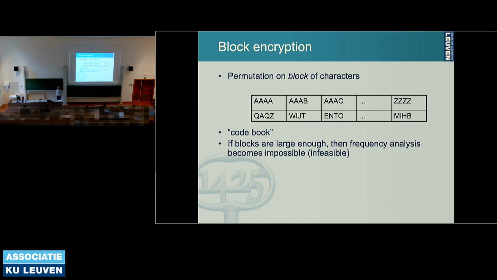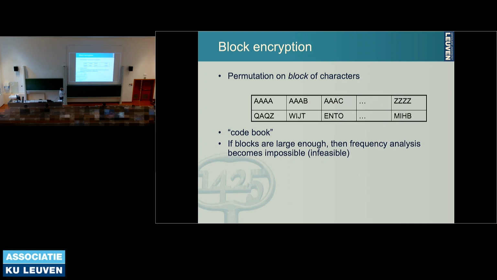So I've shown here the example where we make groups of 4 characters. Instead of an alphabet of 26 characters, we now have a kind of super alphabet with 26 to the power 4 possible symbols, because every symbol consists of 4 characters.